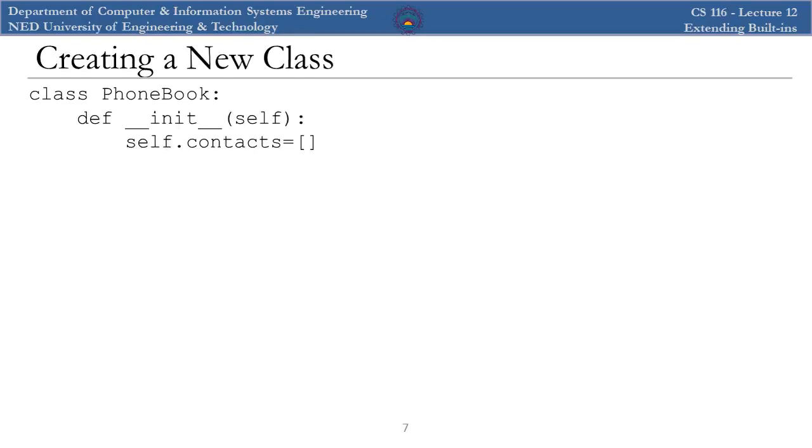Okay, the second function that I'm going to define here is for adding contacts. Now you see, in the last case we were able to call that function append directly, and here also we can call this function on this instance variable contacts, but a better way is to define a method for this so that the user who is using our class does not have to use double indirection.